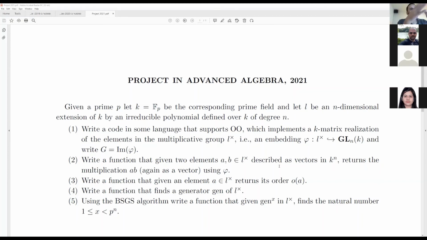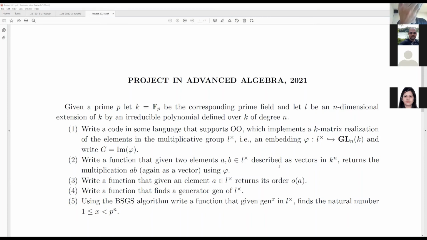And inside each entry, you will have to write some coefficient from 0 to p minus 1, n times, okay? So it gives you A and B, and in return, it gets the vector AB.